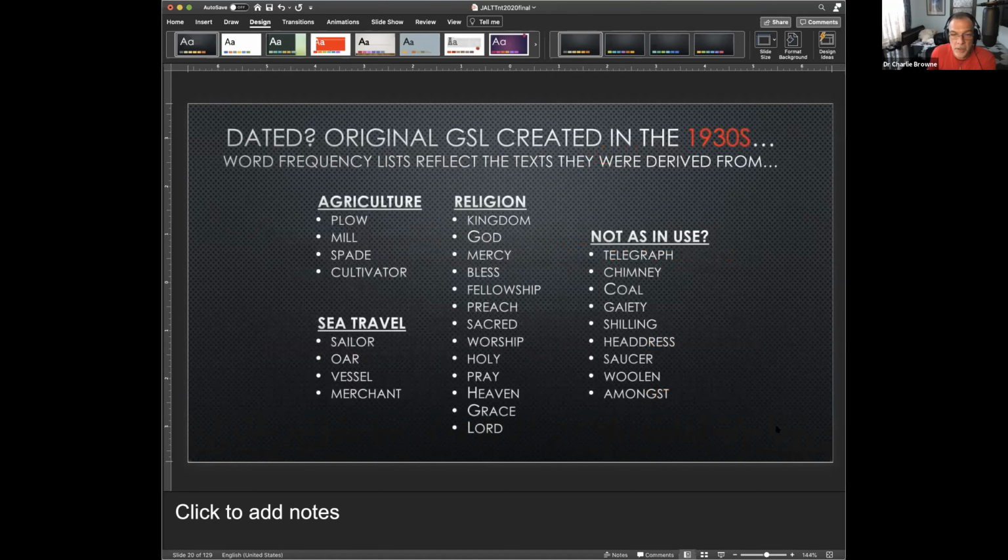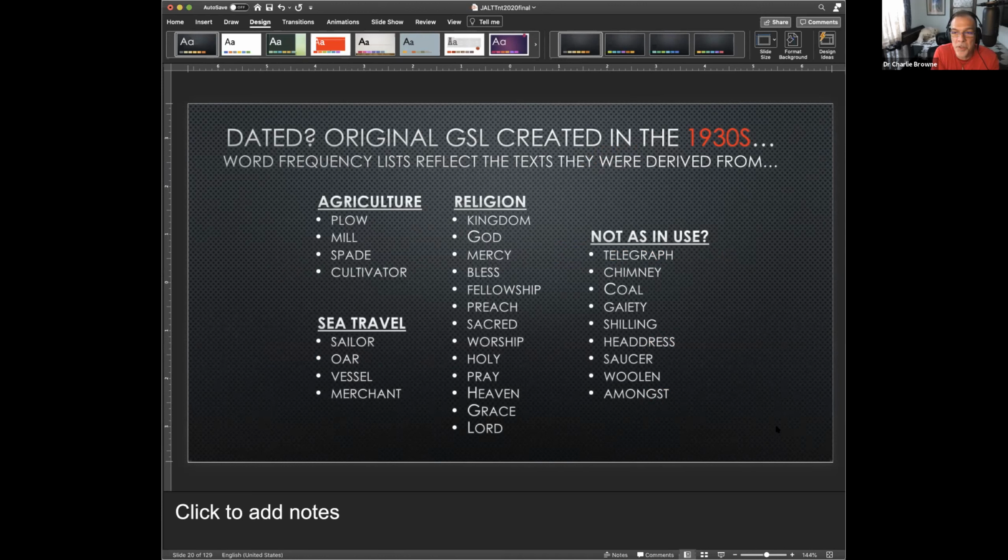Here are some examples of words in the second 1,000 words of the old GSL. Remember, the old GSL and the new GSL, the one that I made, are supposed to represent the most important high frequency words for second language learners. So, think about your learners: words like plow, mill, spade, cultivator.